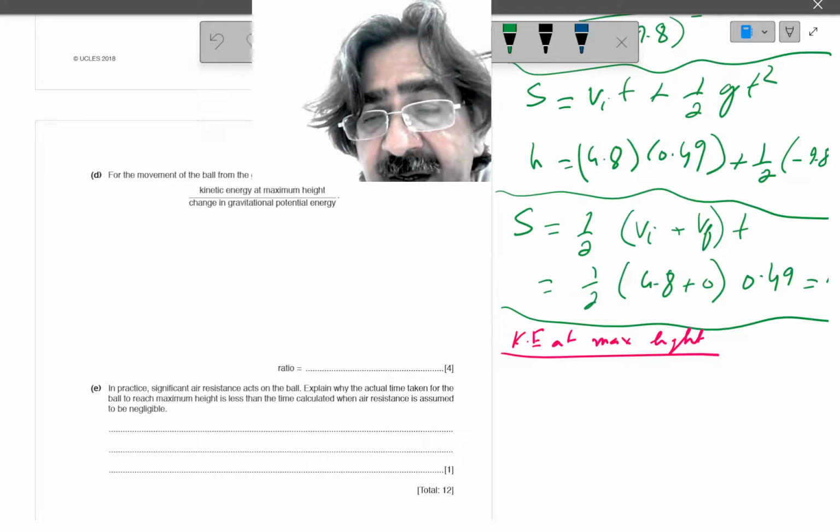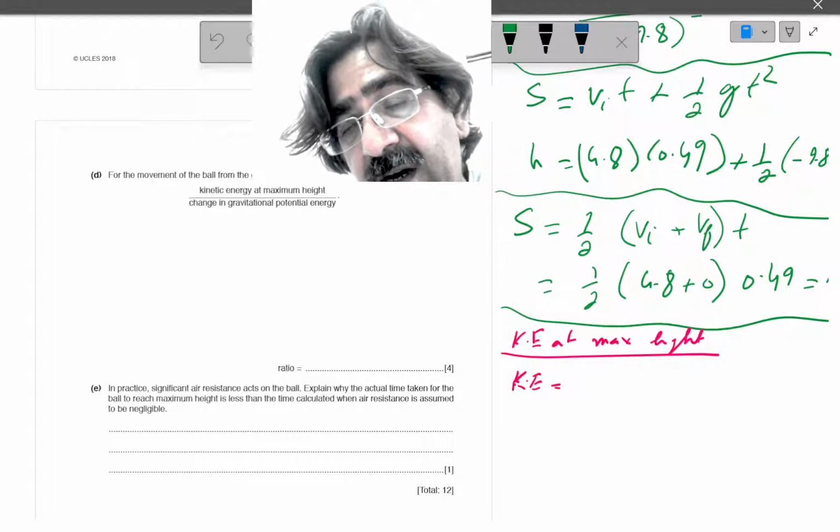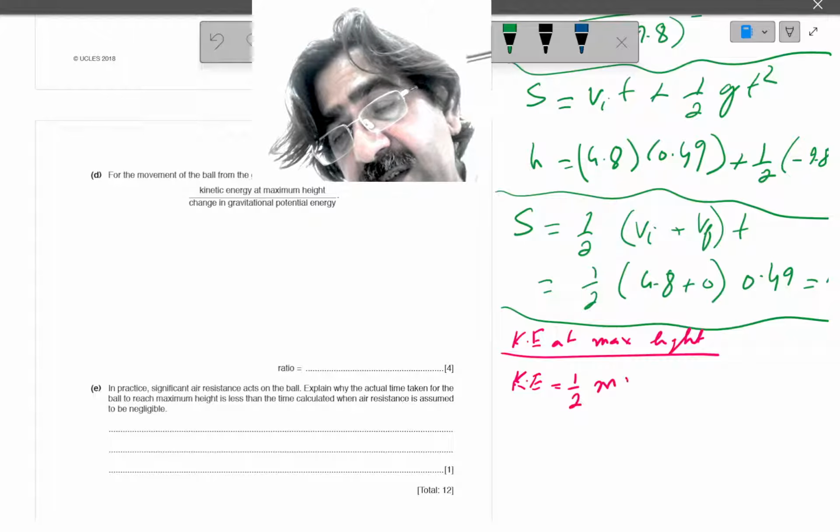So at maximum height, the kinetic energy formula is 1/2 m v square.